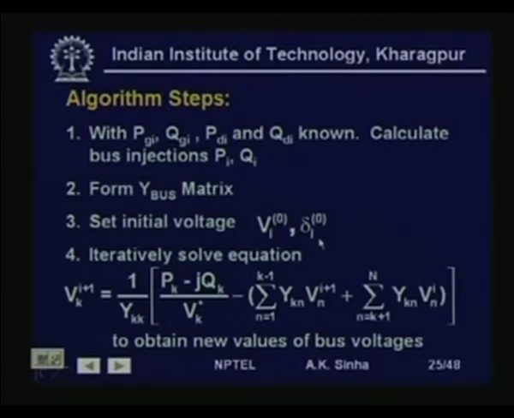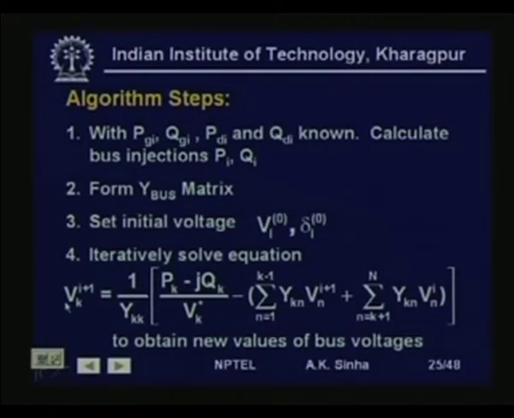Now, we use the iterative solution here, that is, for the i plus 1th iteration for voltage at the kth bus, we can write this expression like this. The only thing we are doing is using the most updated value.